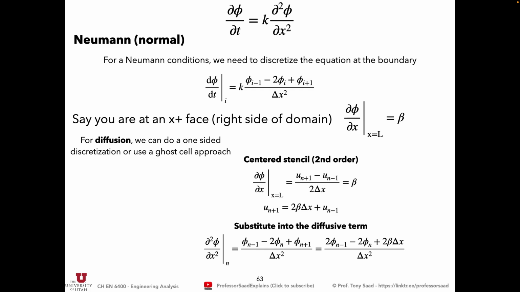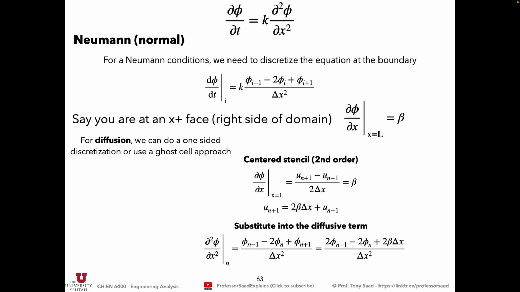Then I simply take this and apply it at the boundary. So if I apply my discretization at n, similar exactly to what we did with the linear system of equations, I have a phi n plus 1, or u_{n+1}, sorry for the change in nomenclature, which is the ghost point, and it is 2 beta delta x plus u_{n-1}. I substitute it.